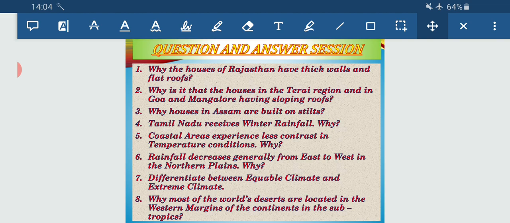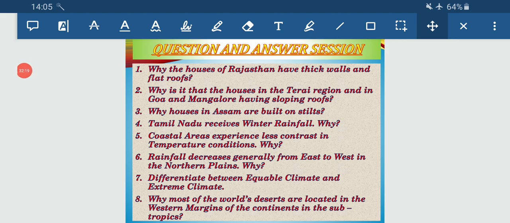And for the equable climate, the temperature is about the same whether it is summer season or winter season. Again I am repeating, extreme variations of temperature conditions are there for the extreme climate, and moderate temperature conditions are there for the equable climate.